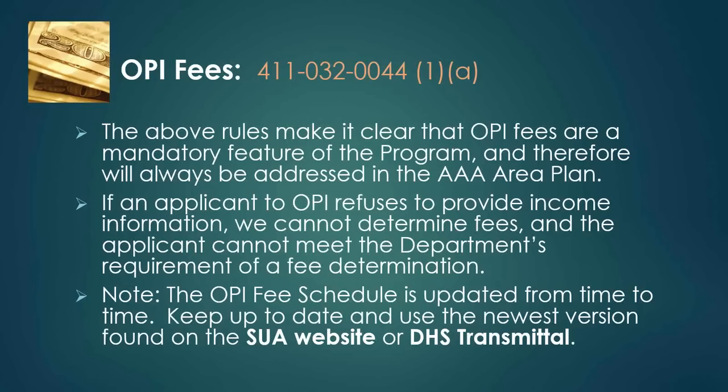We really need income information in order to determine that eligibility. So you might have to have a conversation with someone explaining why you need the income information, and it's really used to determine what fees are paid, and there might be a situation if their income is low enough where they only have to pay a one-time fee.